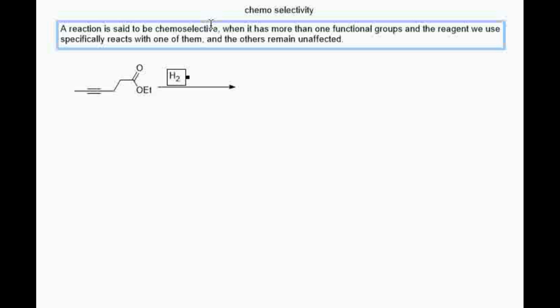Then if we add a reagent, say H2 in the presence of a metal, usually Pt or Pd, or we can also take nickel too.